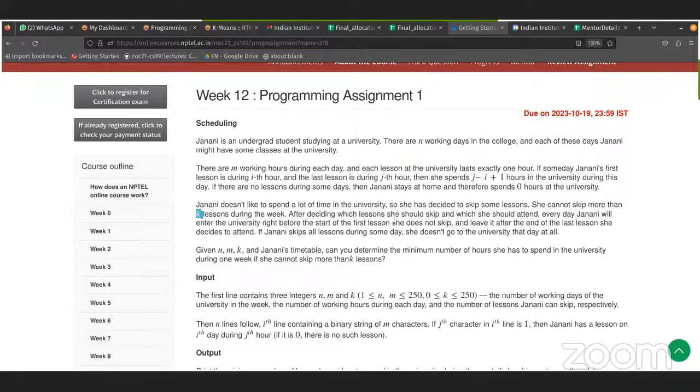After deciding which lessons she should skip and which she should attend, every day Janani will enter the university right before the start of the first lesson she does not skip, and leave right after the end of the last lesson she decides to attend. She comes in at the ith hour exactly when it starts, and leaves after the jth hour. But she is constrained to skip only k lessons in a week.